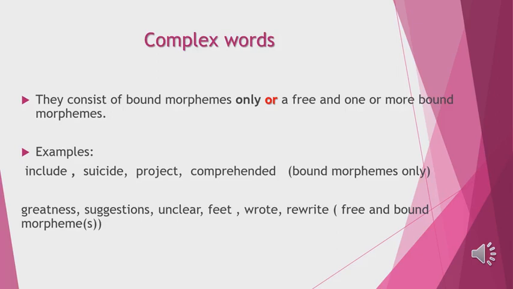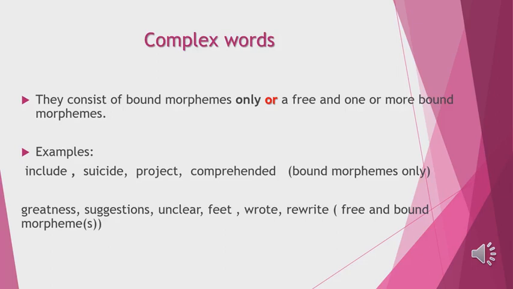Comprehended. This word consists of three bound morphemes, com, prehend, and ed. So this word is called a complex word. Each one of these words consists of bound morphemes only, so they are called complex words.